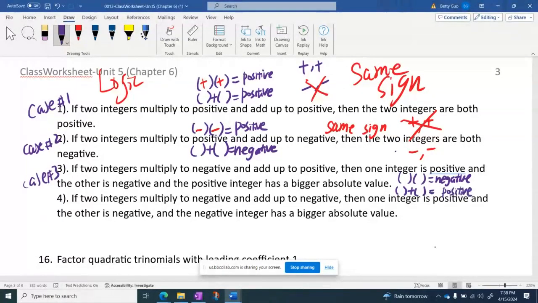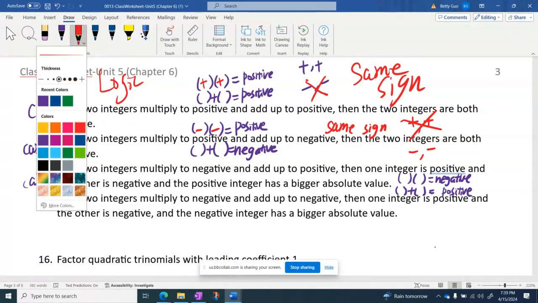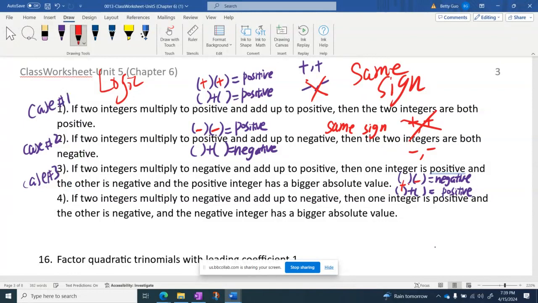Let's try to make sense of the conclusion. If the two integers multiply to negative but add up to positive, then the two integers have an opposite sign. One is positive, the other is negative, right? Because their multiplication is negative, so they must have an opposite sign.